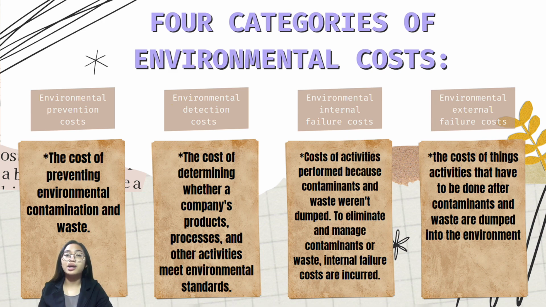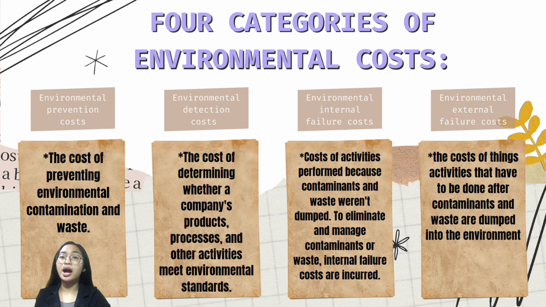Environmental detection costs are the costs incurred by the company as a result of the operations it has carried out in order to ascertain whether or not its goods, processes, and other activities adhere to the relevant environmental requirements.